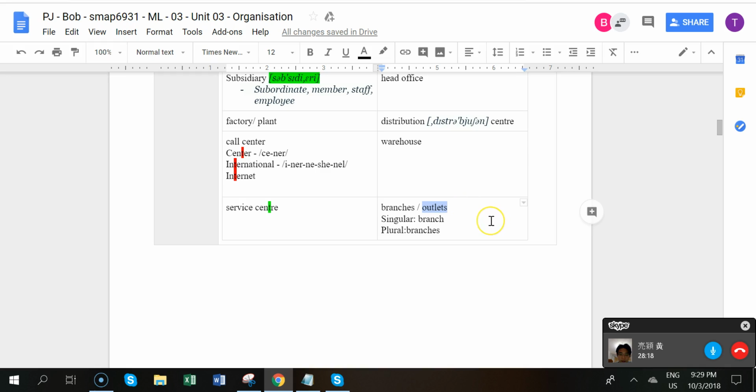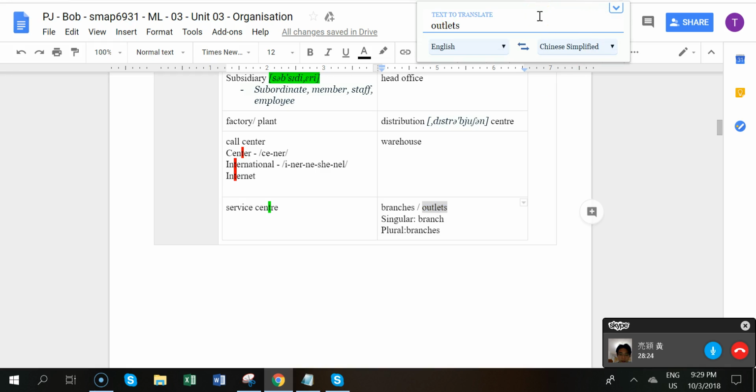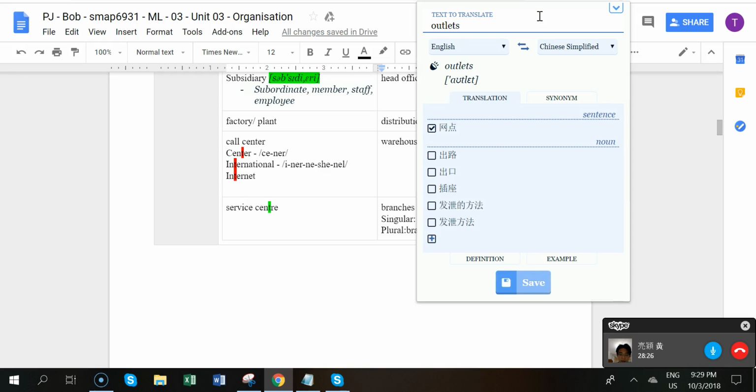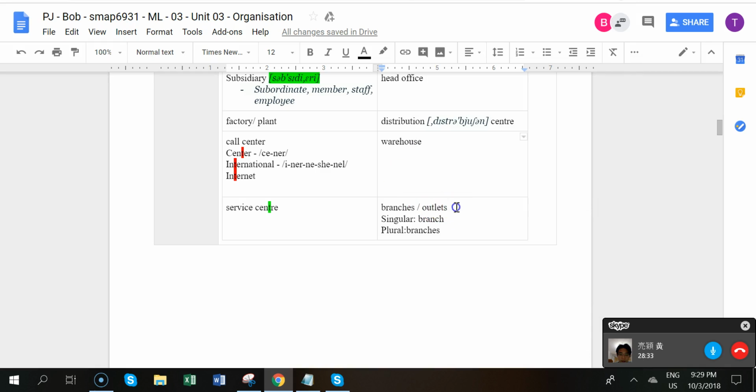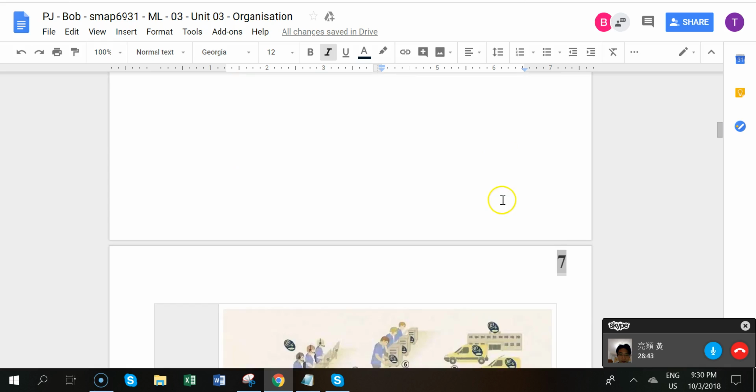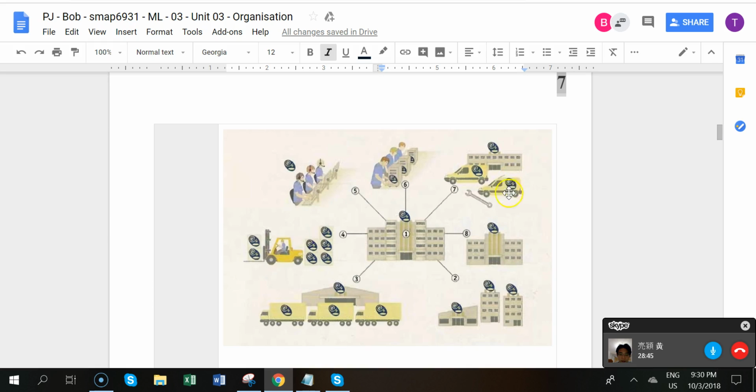Outlets. Outlet. Okay, so branch and outlet are the same, okay? They are similar. So, in your company, do you have branches, or only one? I think your company is big, yes, a big company with branches.